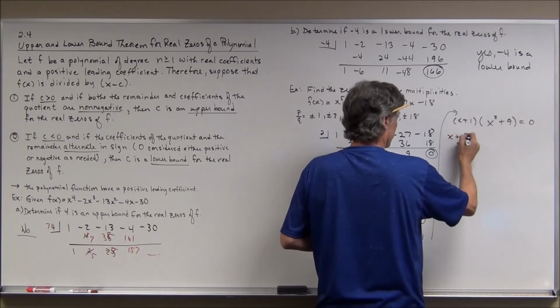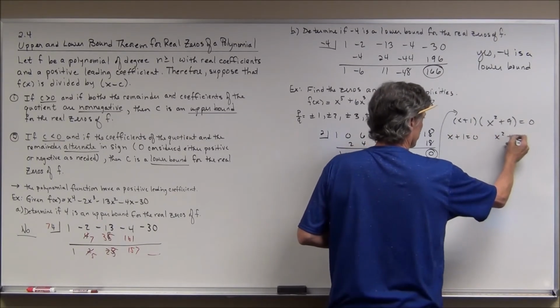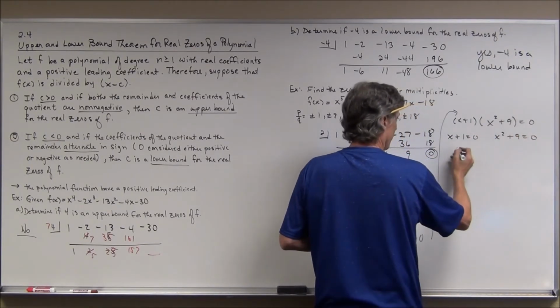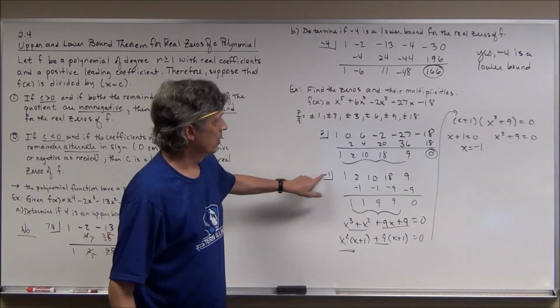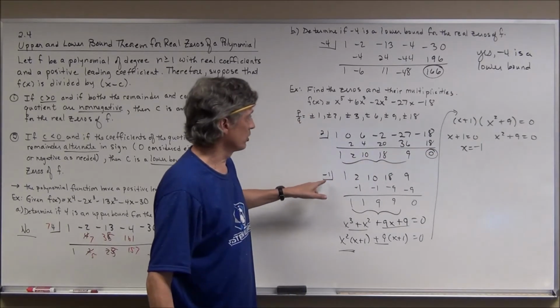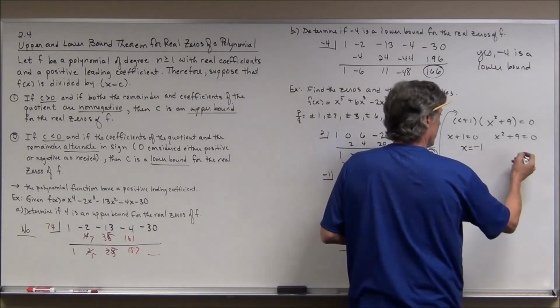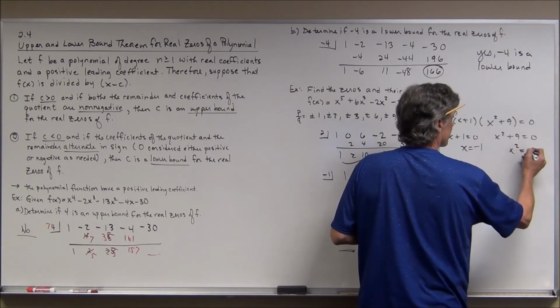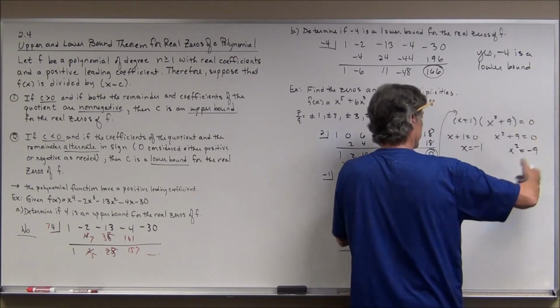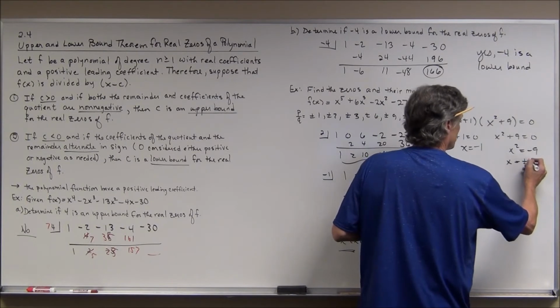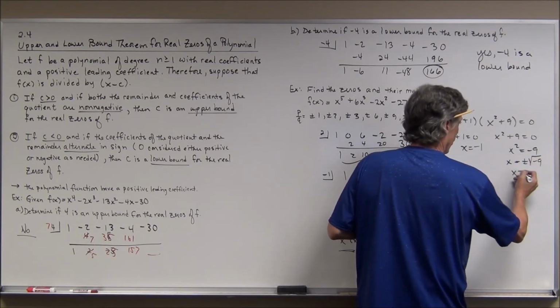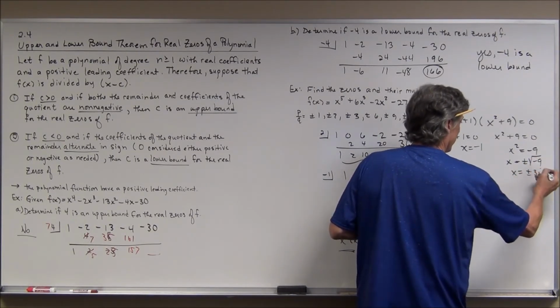So I'm going to have x plus 1 equal to 0. I'm going to have x squared plus 9 equals 0. So if I subtract 1, I get a second 0 of negative 1. So I have multiplicity 2. Over here, if I subtract 9 and take the square root and take the absolute value and the plus or minus, I get x equals plus or minus the square root of negative 9, or x equals plus or minus 3i.